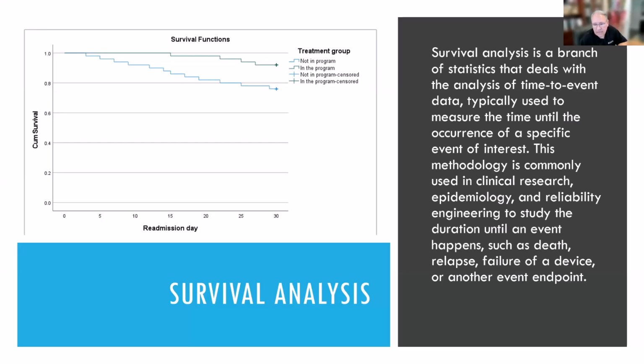This methodology is commonly used in clinical research, epidemiology, and even in reliability engineering to study the duration until an event occurs. So again, sometimes the timing is very important. And sometimes these curves will cross, and that's very important in your analysis.